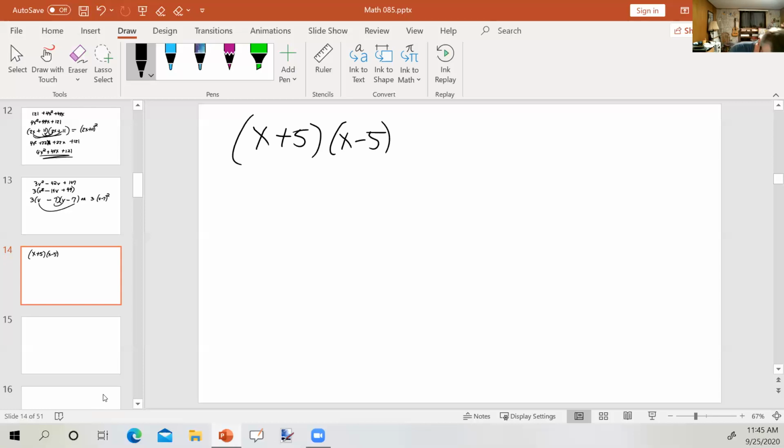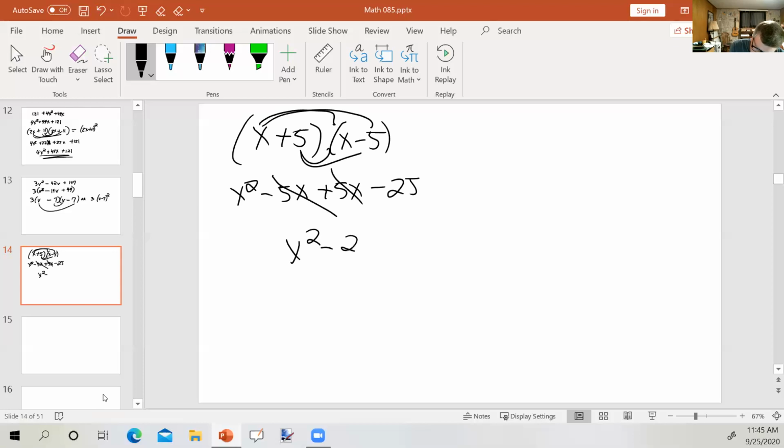If I FOIL this together, I get x squared minus 5x plus 5x minus 25. But when I simplify further and combine like terms, the middle terms cancel out, and I end up with a binomial. So I took a binomial times a binomial and still got a binomial.